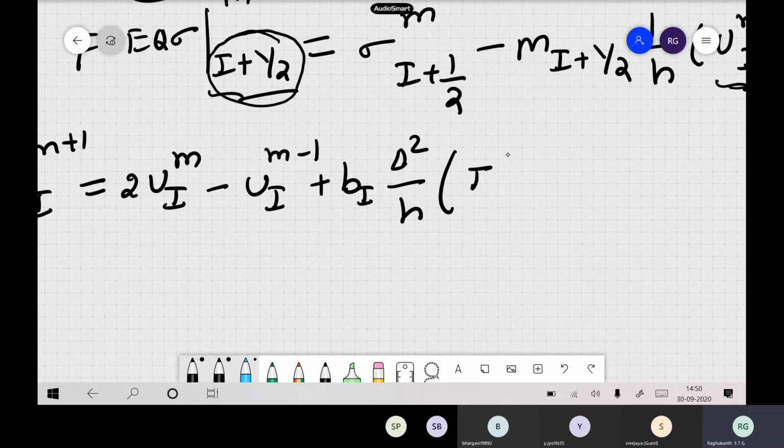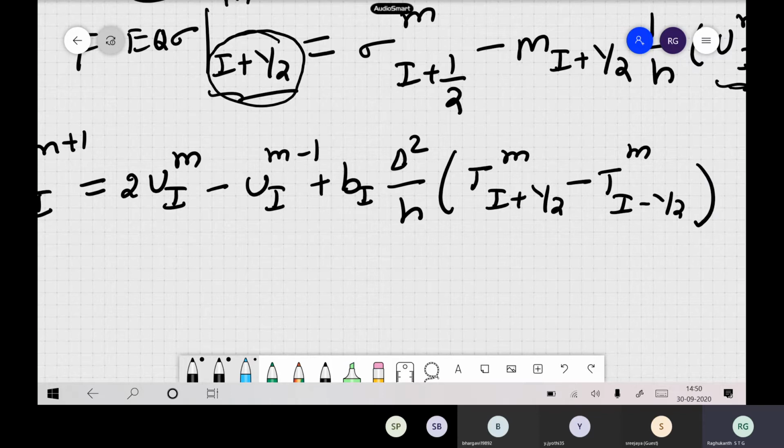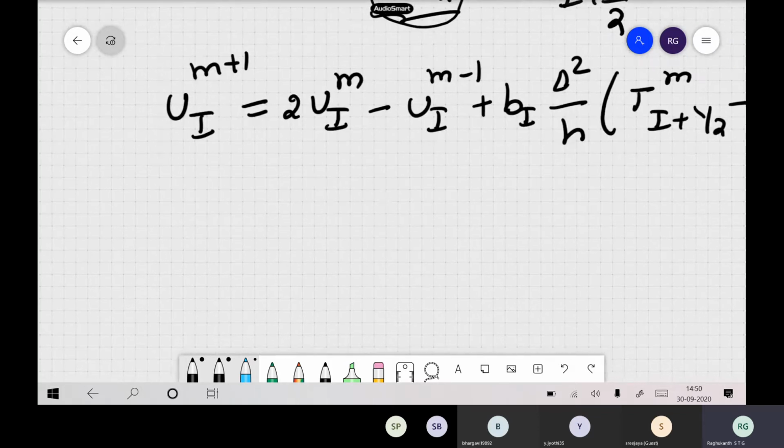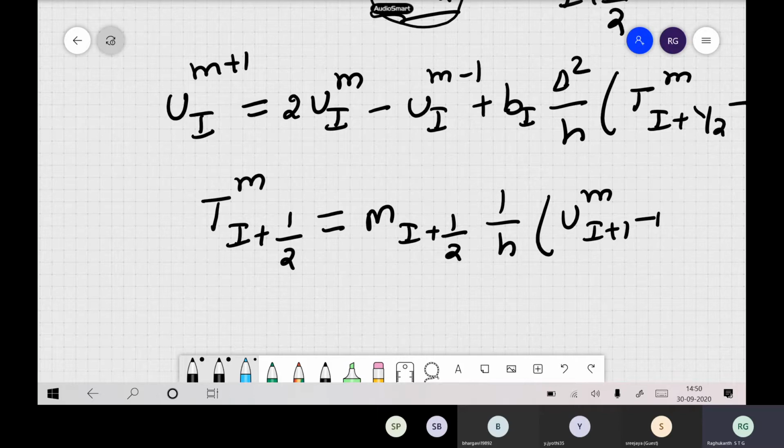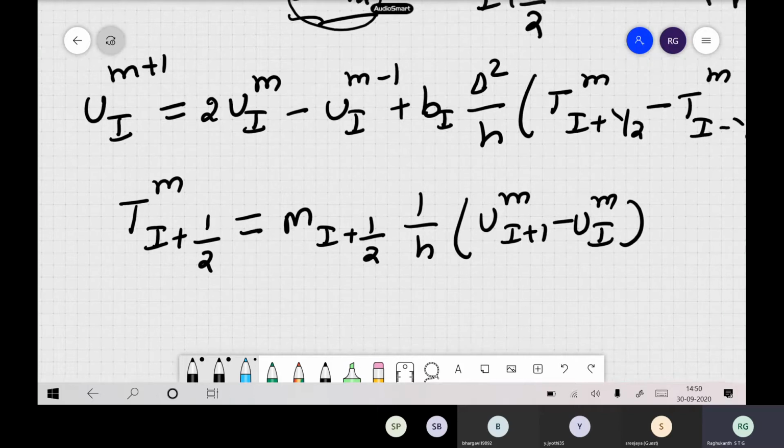Okay, so Tm I plus half minus Tm I minus half. So this is the first equation. Okay, the second equation: Tm I plus 1 by 2, this is the stress. Okay, so m I plus 1 by 2. Okay, so 1 by h, um I plus 1 minus um I actually. So this is how we write this equation.